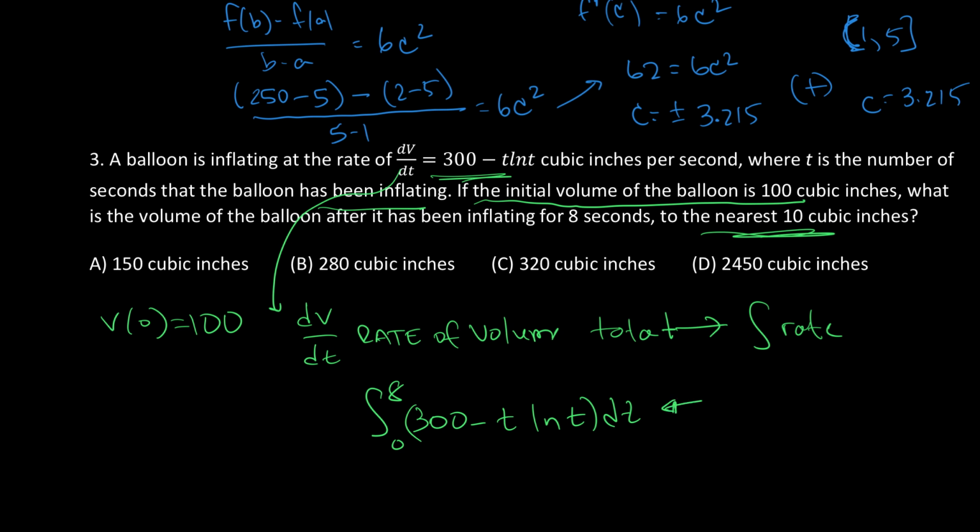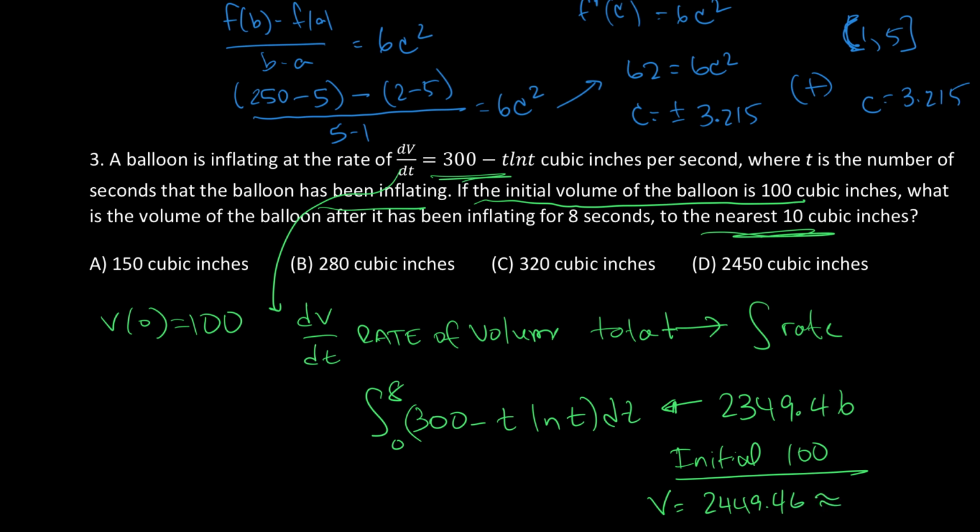And after we put this in our calculators, we will get an answer of 2349.46. But we have an initial of 100, which would give us a total volume of 2449.46, and they want us to round to 10, so this would be 2450, which would be the answer of D.